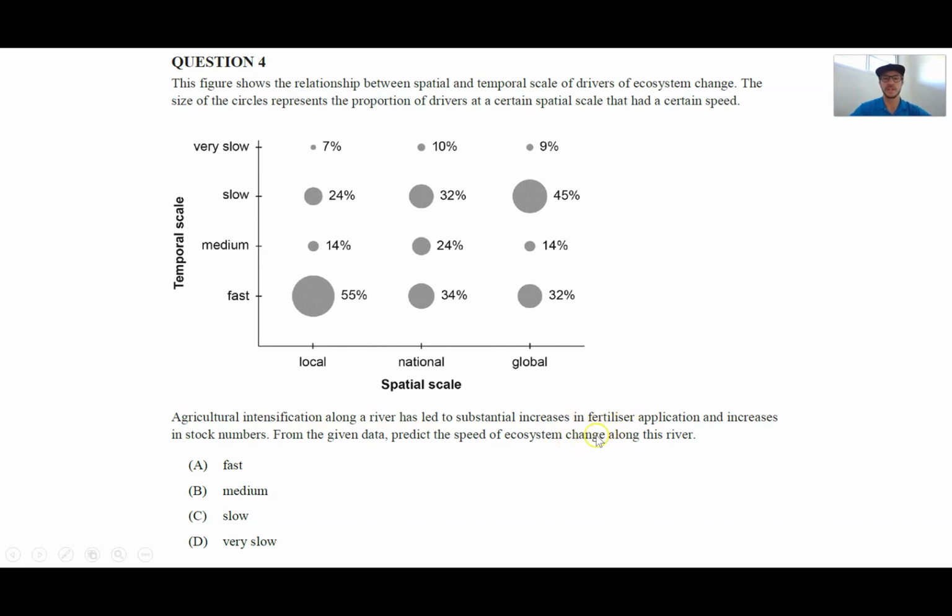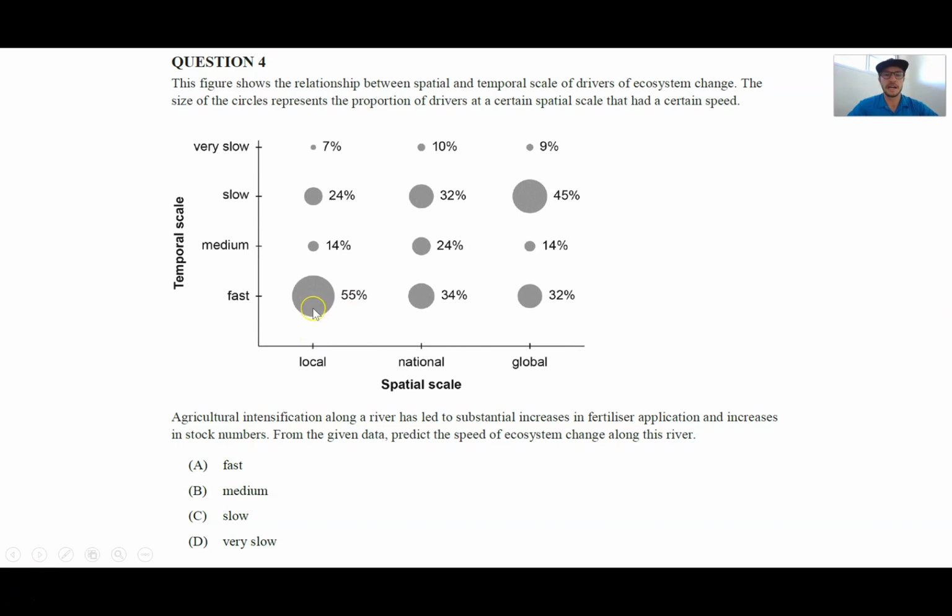And the key to this question is change along the river, this particular environment. So we're talking about a local scale here, and it's saying, all right, well, if this is the spatial scale, then what is going to be the effect at which it has a response?